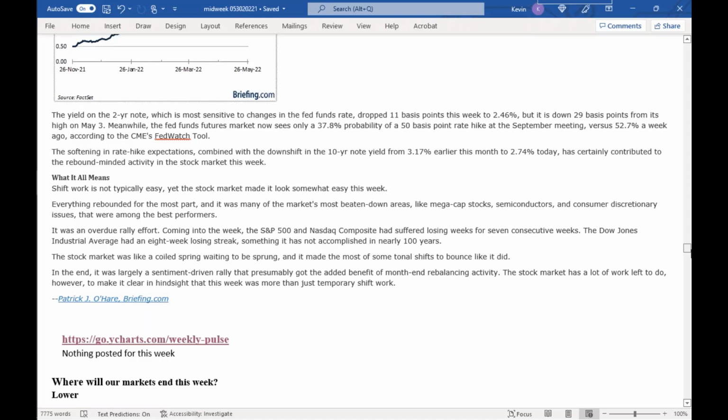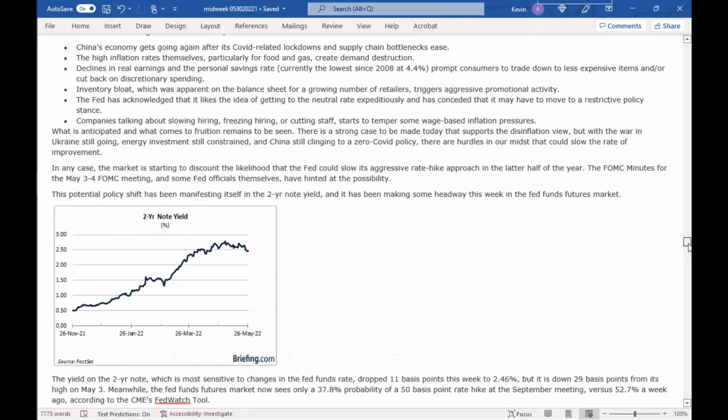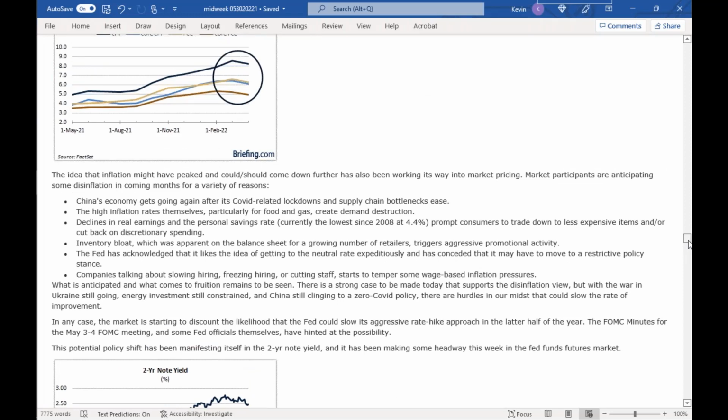In the end, it was largely a sentiment-driven rally that presumably got the added benefit of month-end rebalancing activity. The stock market had a lot of work left to do, however, to make it clear in hindsight that this week was more than just a temporary shift. So I enjoyed it. I enjoyed as you went through. It's simple numbers to explain what's happening.